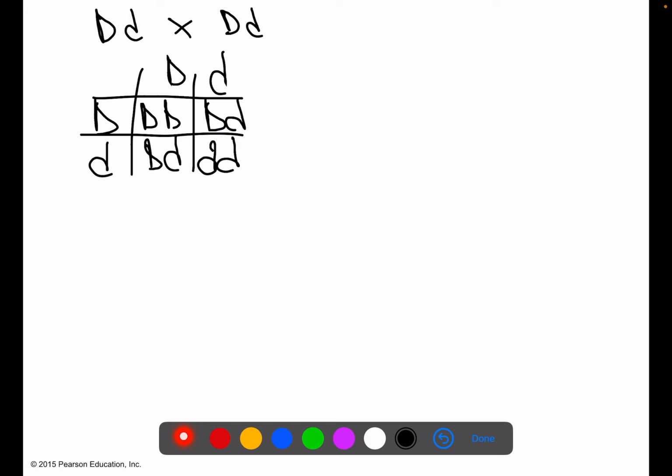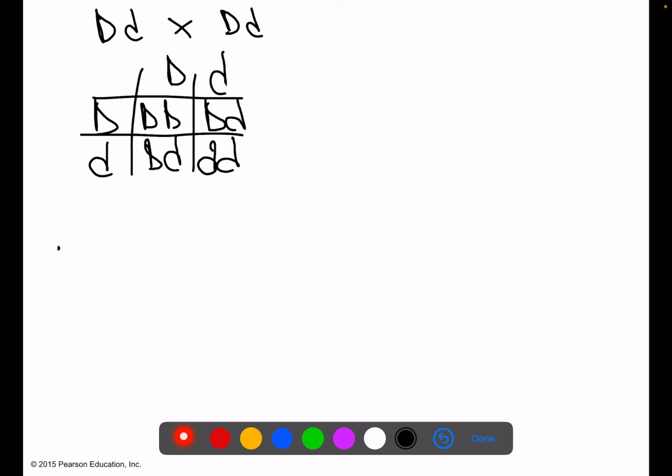And let's say that we're asked, let's say that this is like dwarfism, where getting at least 1 big D makes you a dwarf. Or we can do it like a dimple chin versus non-dimple chin. That works too. Let's go with that.